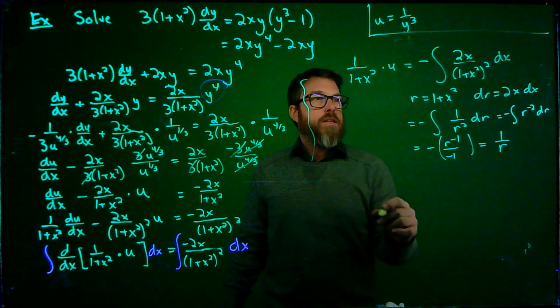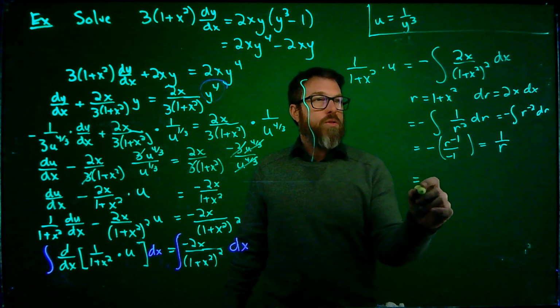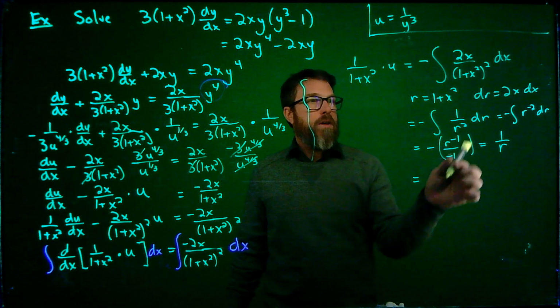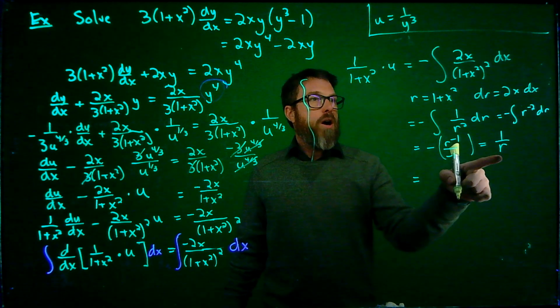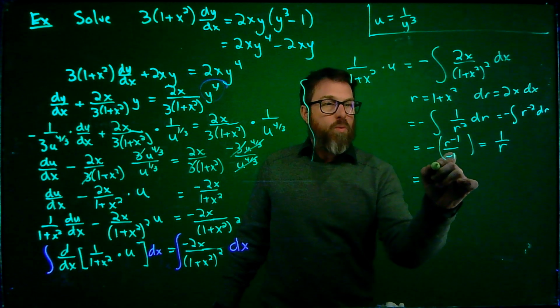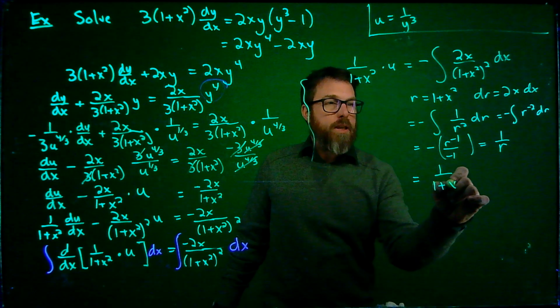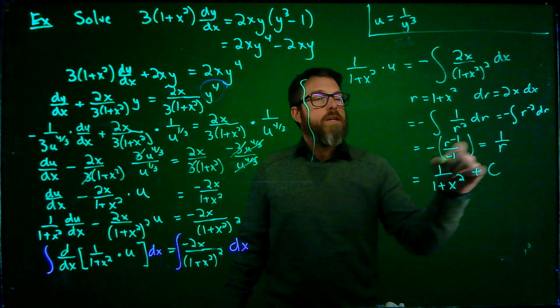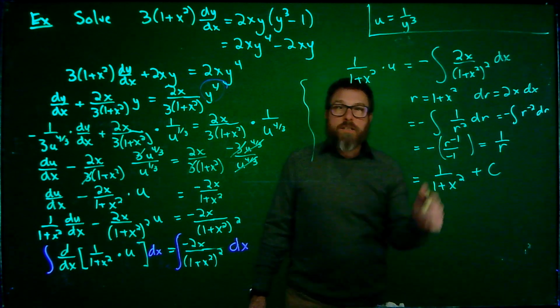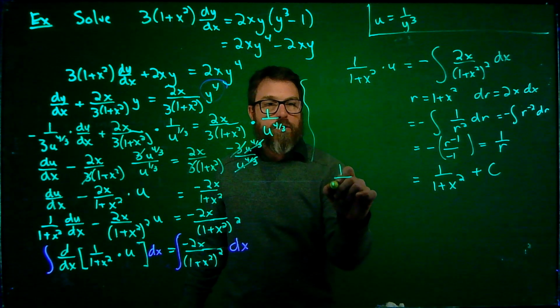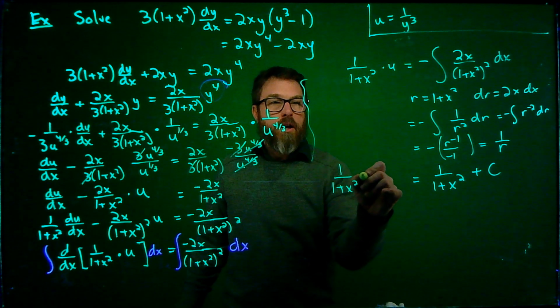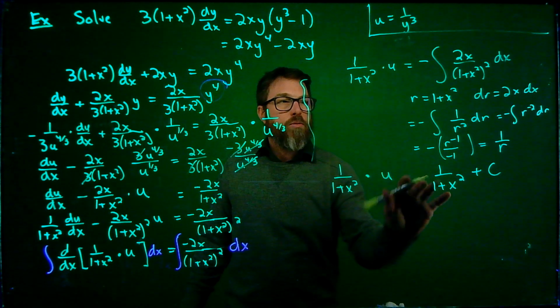So this thing's integral is going to be equal to, make sure I got everything here, all the pieces are good, r is going to be 1 over 1 plus x squared, and don't forget our plus c. All right, and that is equal to the left-hand side, which is 1 over 1 plus x squared, times our solution, which is u.